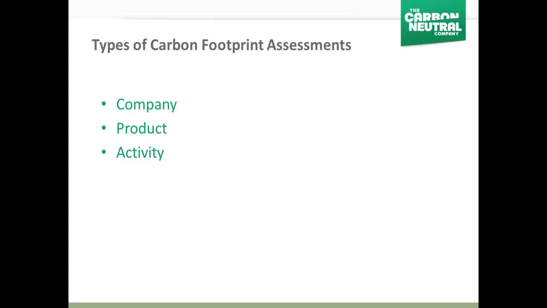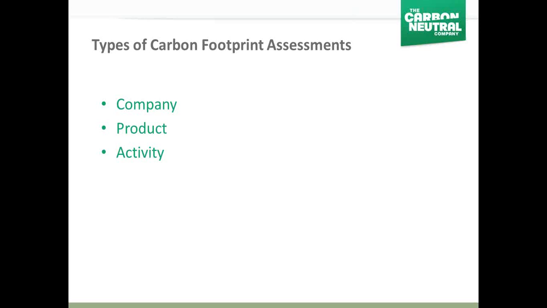Since it's the most common subject assessed by our clients, we'll focus mostly on the practicalities of a company carbon footprint assessment throughout the presentation. And in terms of time frames, footprint inventories typically cover a 12-month period based on standard guidelines to maintain global consistency and to enable annual emission comparisons.